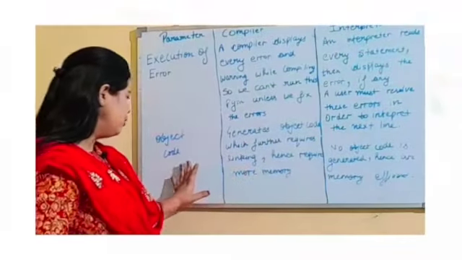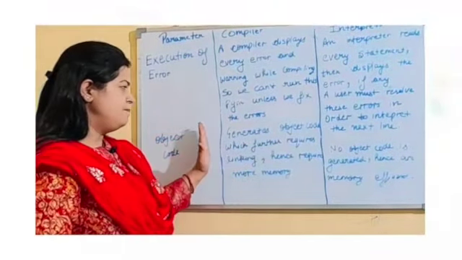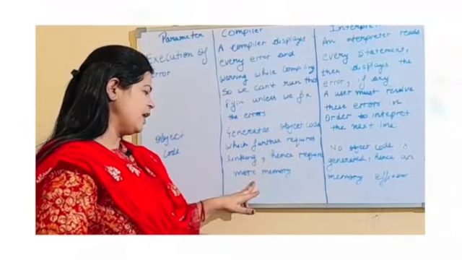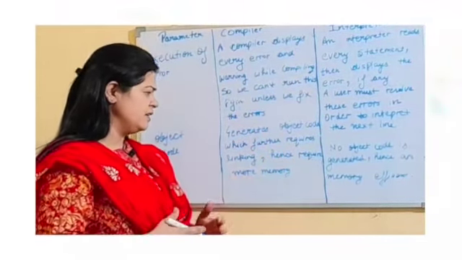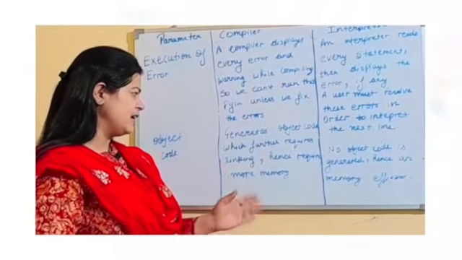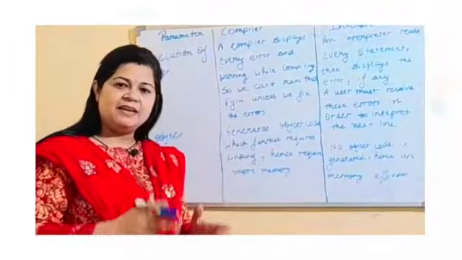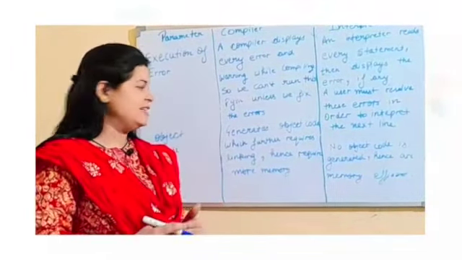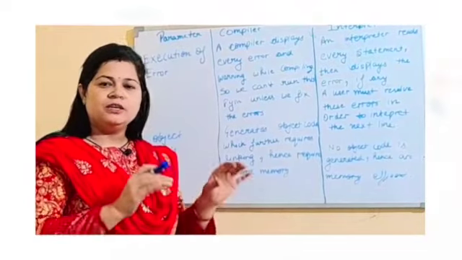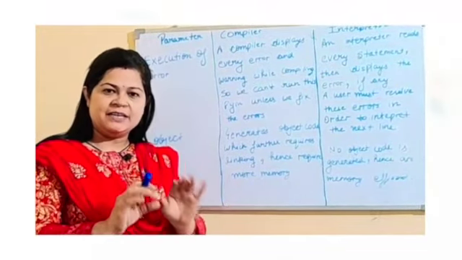Now about object code. A compiler generates object code which further requires linking, hence requires more memory. In a compiler, the memory requirement is more as compared to an interpreter. I will tell you why. In a compiler, once we get object code, or machine code, the source code and compiler are of no use.